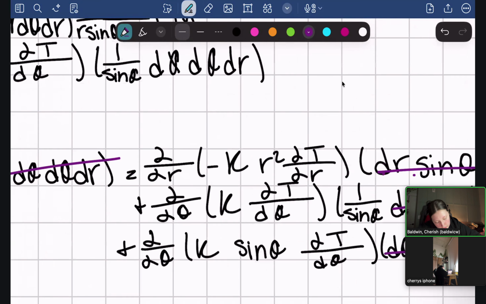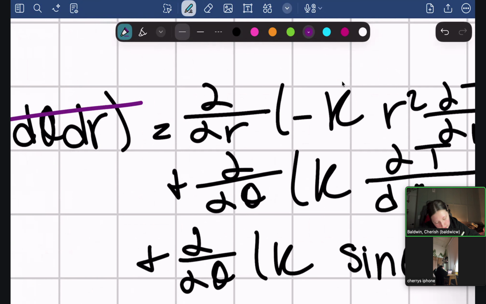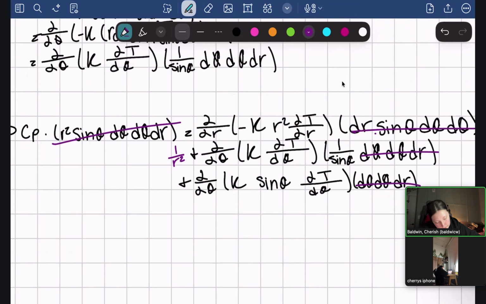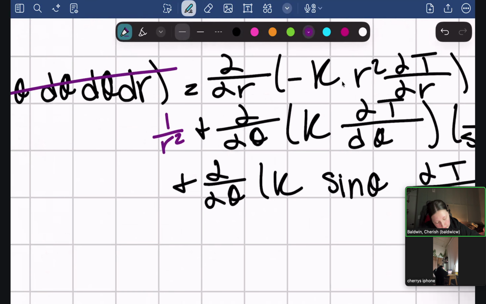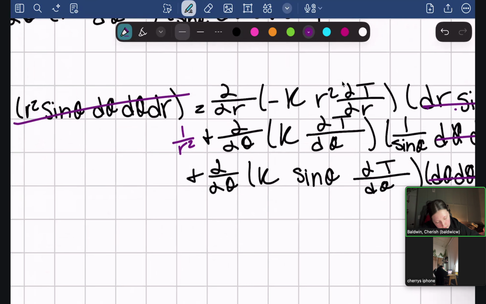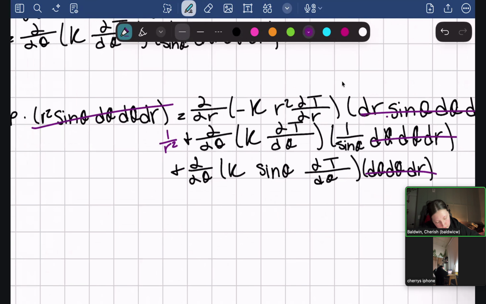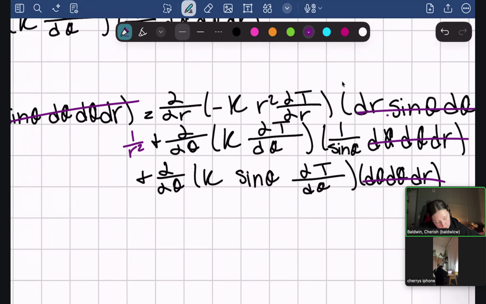So for this one, you get an R squared added to it. And then for the bottom one, and then this is squared.